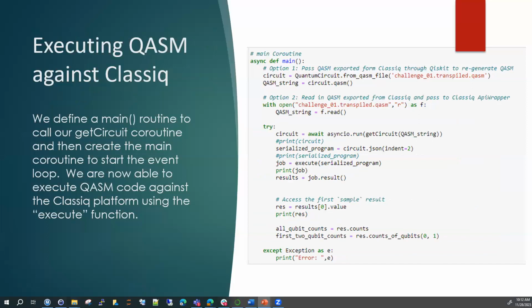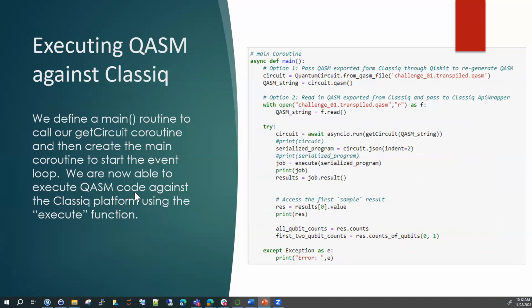The next step was that we were able to execute a circuit. Here we pulled in this particular circuit from the bootcamp, challenge 1. We read it in, we converted it to a circuit using Classiq's SDK, and then we were able to actually get a result.